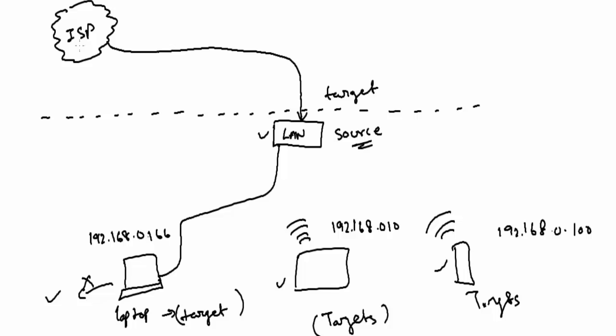So the ISP becomes the source and the LAN becomes the target, which means the ISP will definitely assign one IP address to my LAN. So your LAN generally has two IP addresses, public and private.